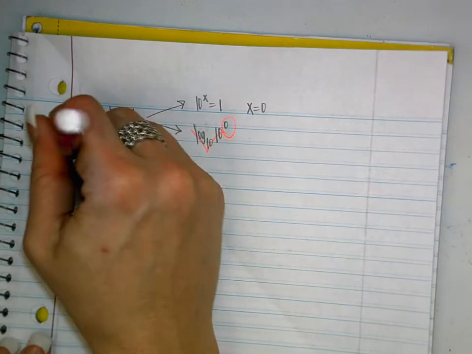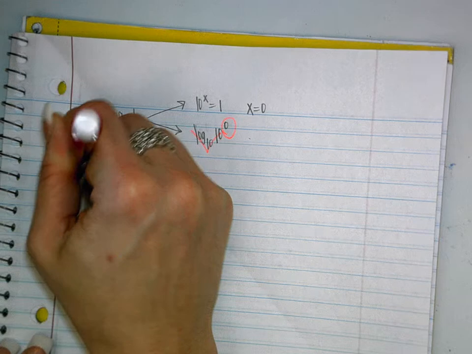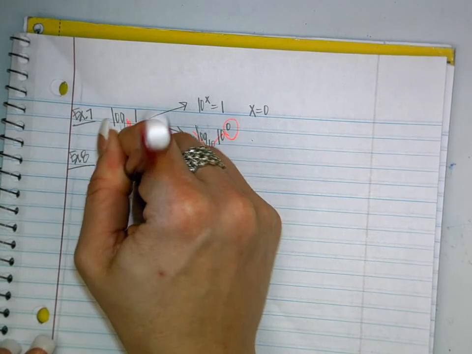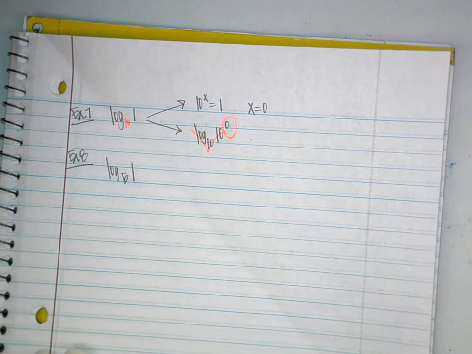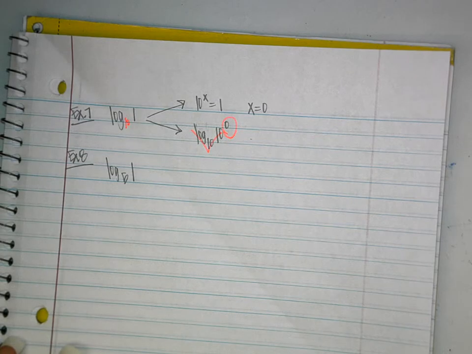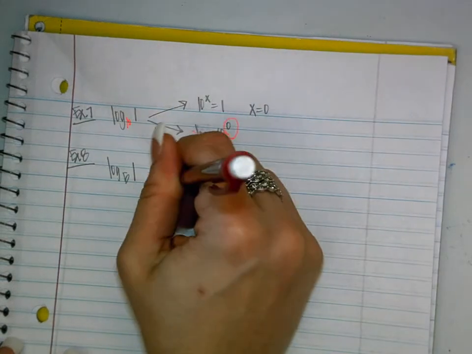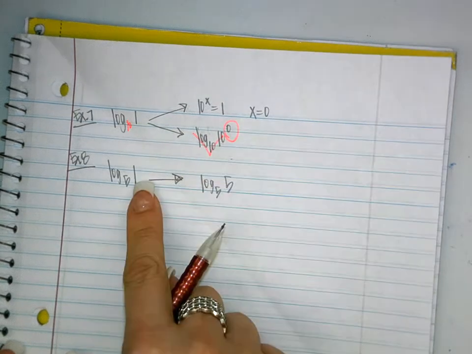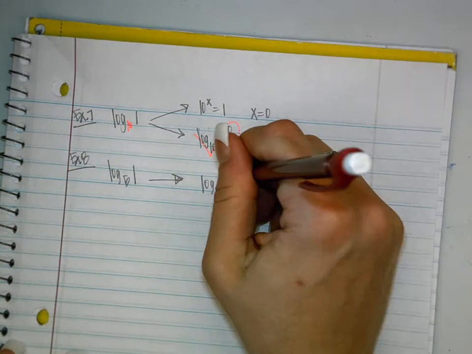Okay, try another one. Number 8. So these are all pretty short examples. How about log base 5 of 1? Again, turn this into a seagull problem. Log base 5 of 5 to what power equals 1? 0.